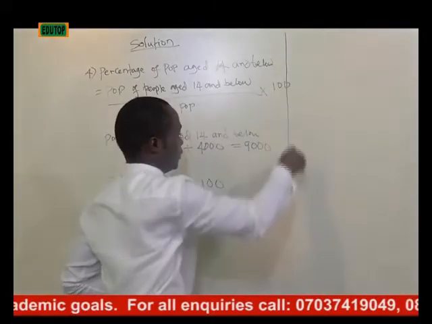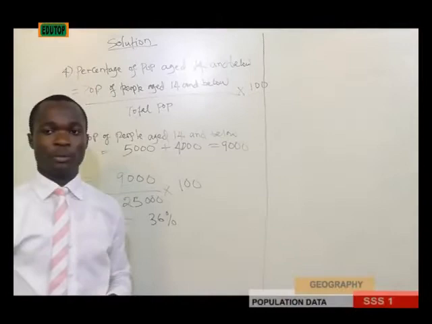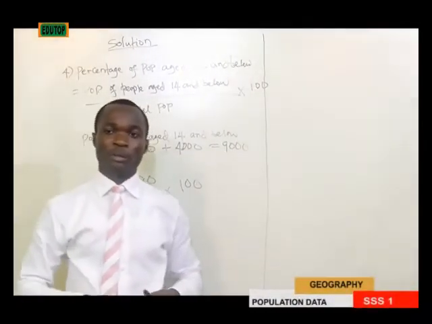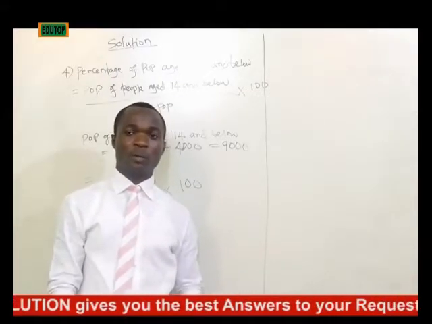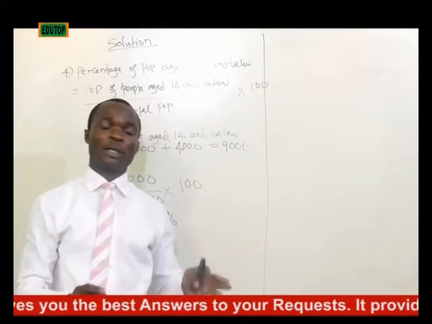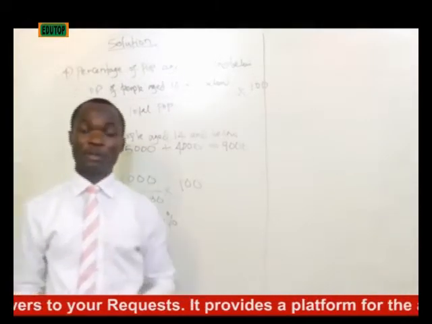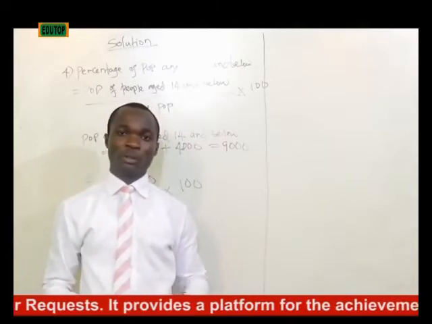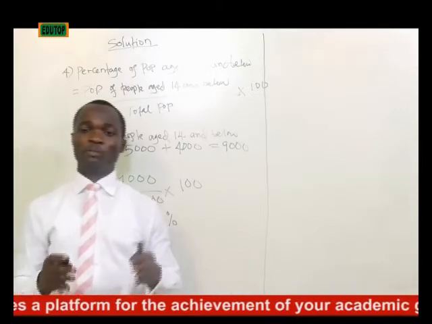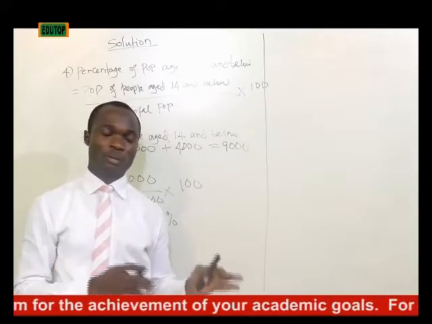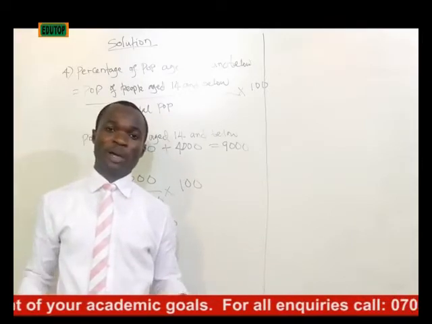Now let's look at the dependency ratio. Dependency ratio is the population of those who are dependent over the population of those who are working. And how do you determine those who are working and those who are dependent or who are not working? You consider their age groupings. Now, the population aged 14 and below, naturally, they are children and they will be dependent.